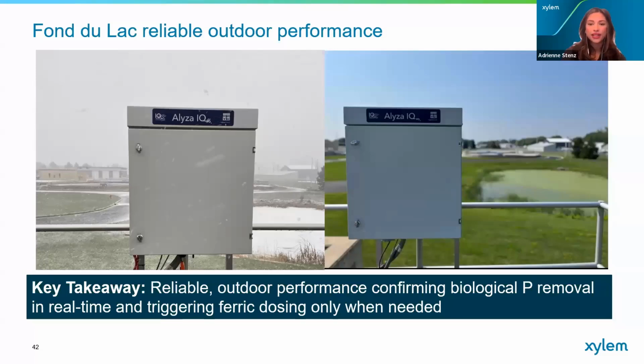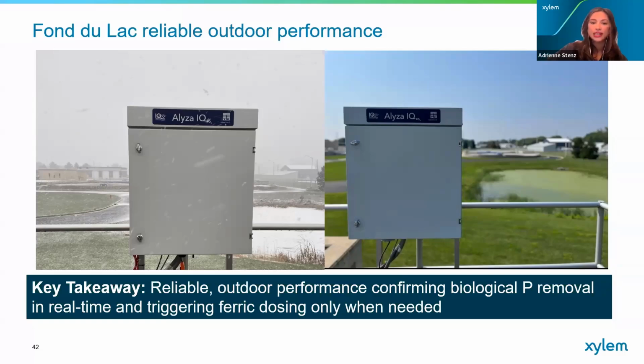As long as orthophosphate levels stay low at that point, they know the PAOs are doing their job. And if they aren't, if PO4 levels start to rise, the system automatically triggers ferric dosing based on that data. So that ensures the plant only doses when it's actually needed instead of relying on some kind of fixed schedule.